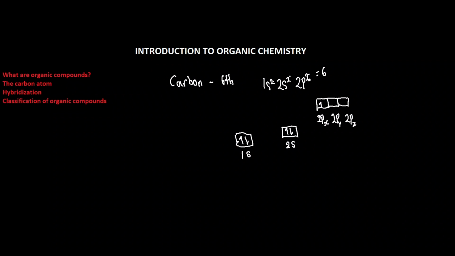And here we have one and another one. This is the electronic configuration of the carbon atom in its non-excited state. When the carbon atom is just at rest, it is not excited. This is how the electrons are configured, how they are arranged in the orbitals.